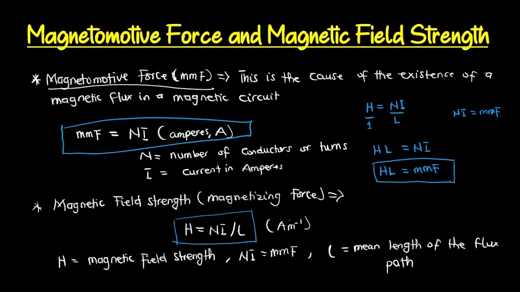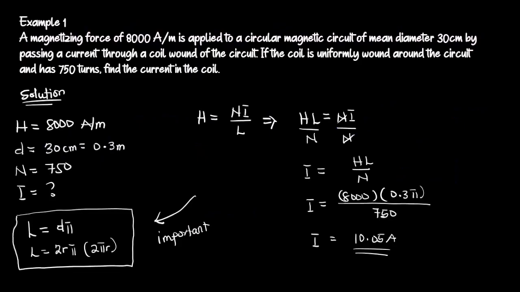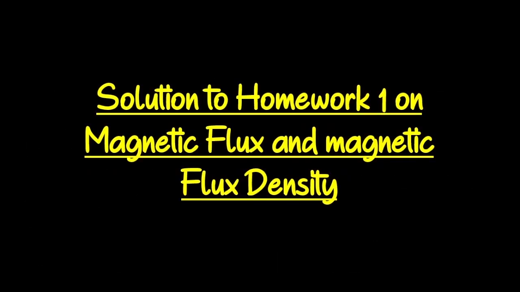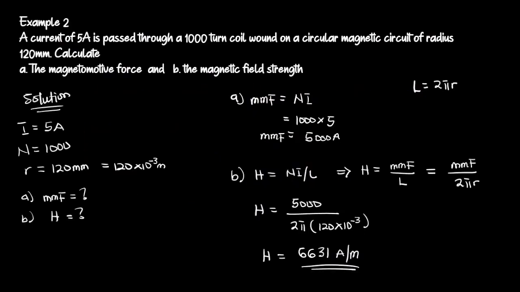Also, the magnetic field strength H is equal to Ni over L, where Ni is the magnetomotive force, and L is the mean length. It is also important to know that the mean length is equal to either 2 pi r or pi d. Once we know those two formulas, it is easy for us to solve our problem.